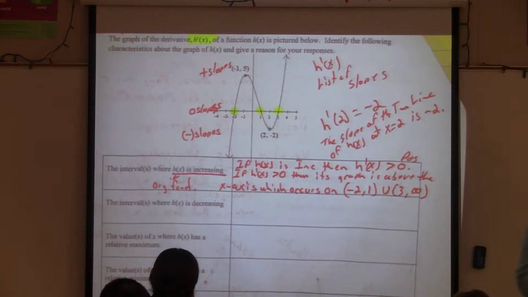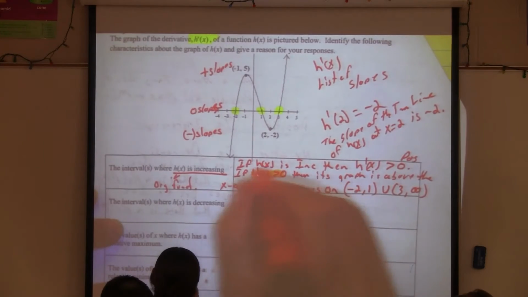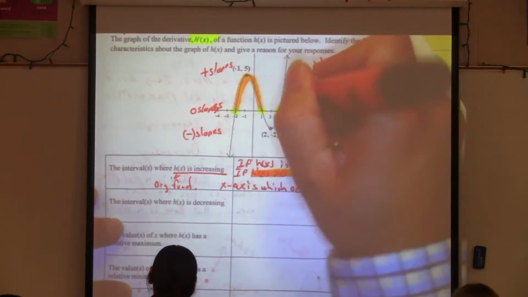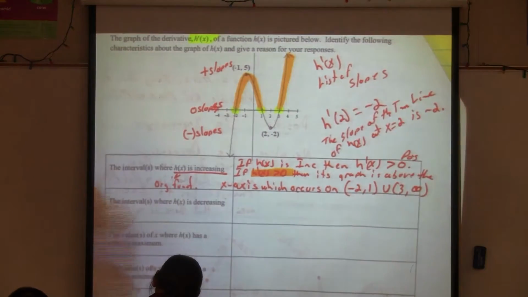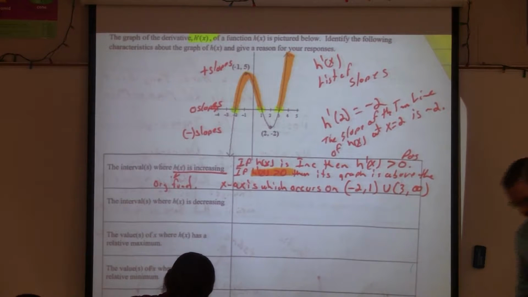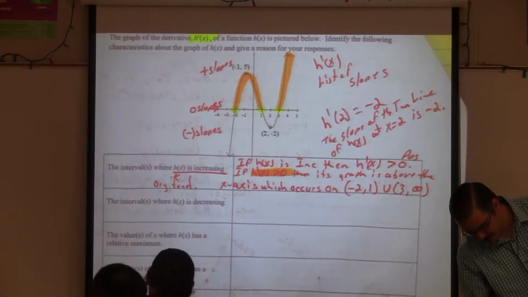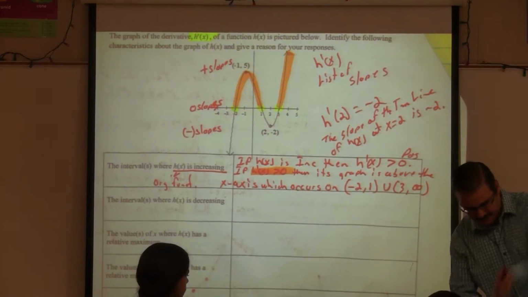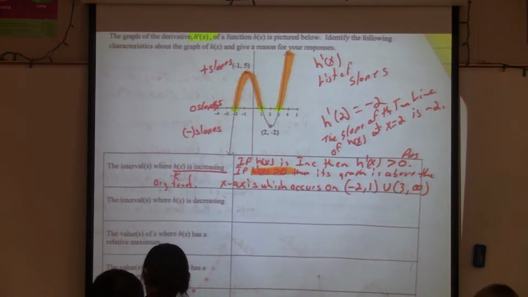So I'll highlight where h prime of x is greater than 0, in that orange color. Easy? Sort of? You have to change your thinking.